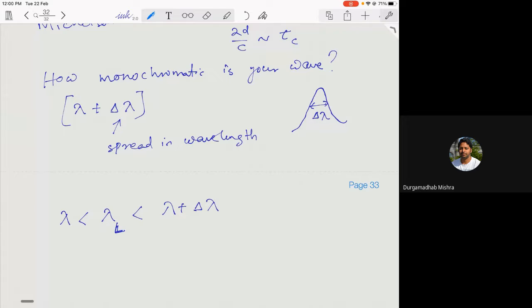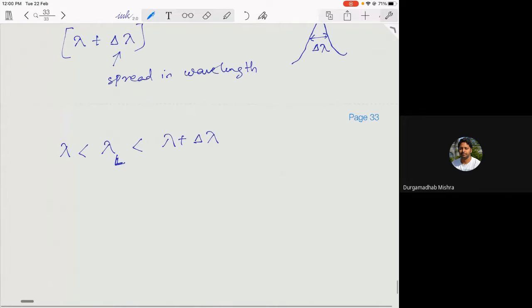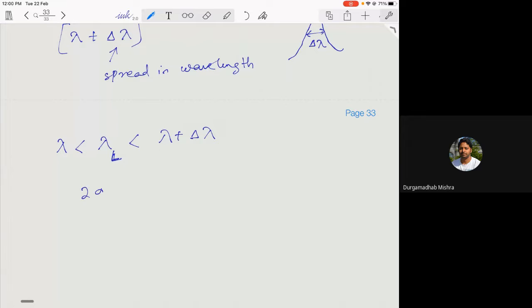Now, if your delta lambda is more than half of lambda, this spread is more than half of lambda, what would happen? Let's look at the interference in the Michelson interferometer. We said 2D should be equal to m lambda 1 for constructive interference.